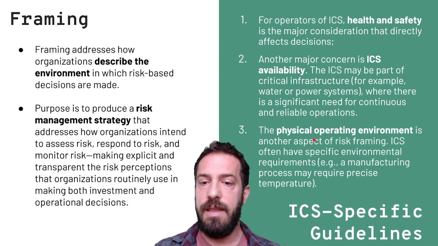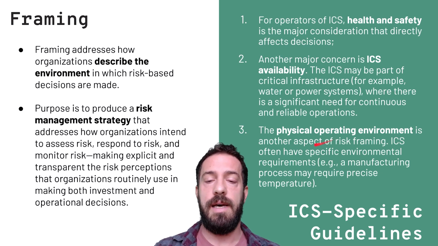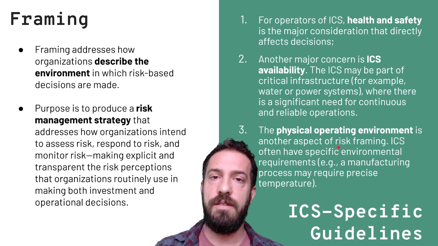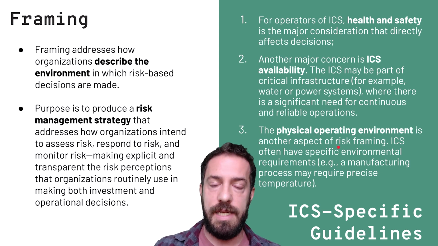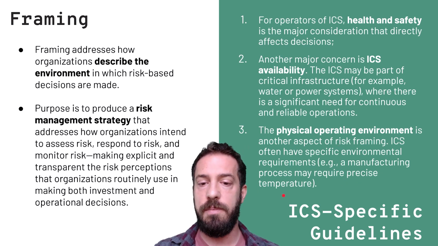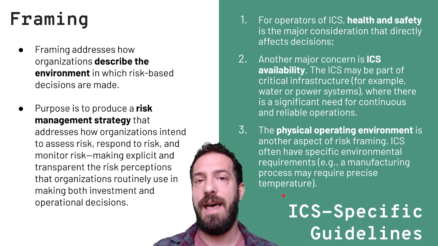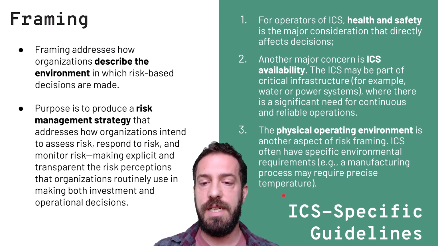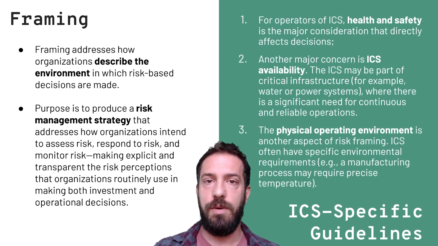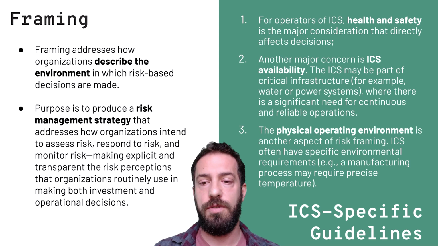And number three, the physical operating environment is another part of risk framing, where we also have to consider the physical operating environment in case there's a requirement for precise temperature. This is something we need to understand in this part of the risk management and add it when we discuss the responses to that risk.